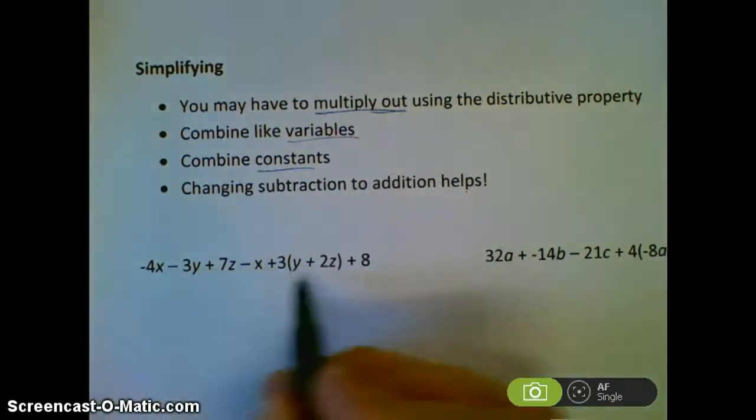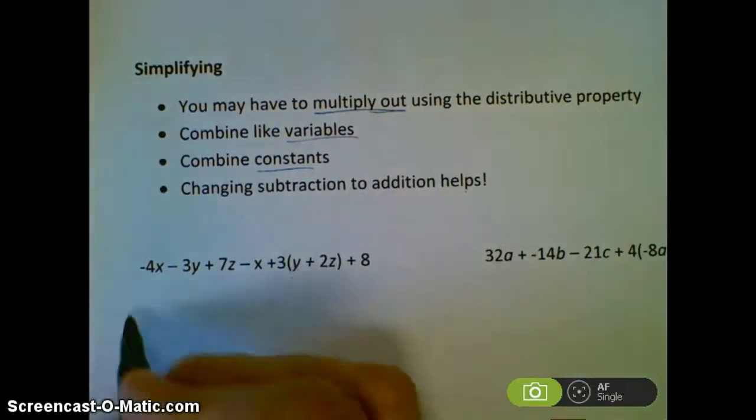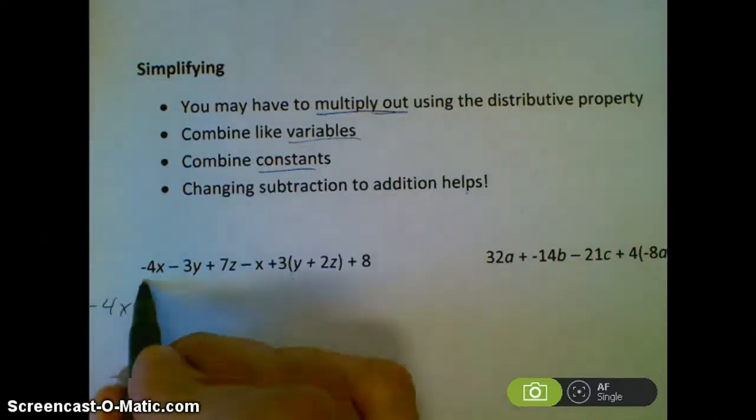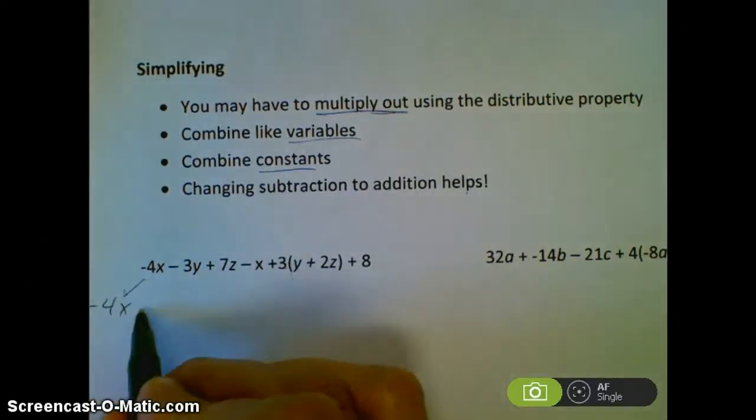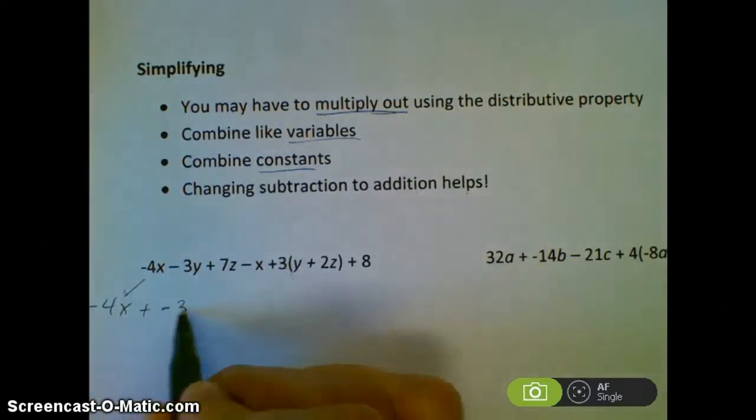So I'm just going to bring this down here. Multiply first. So negative 4x just comes there, plus a negative 3y.